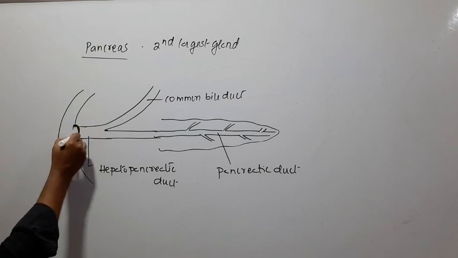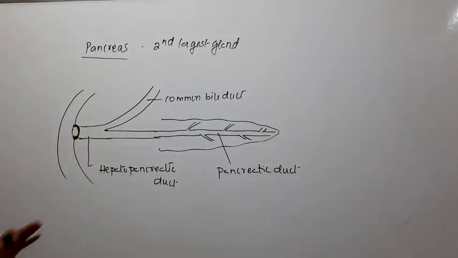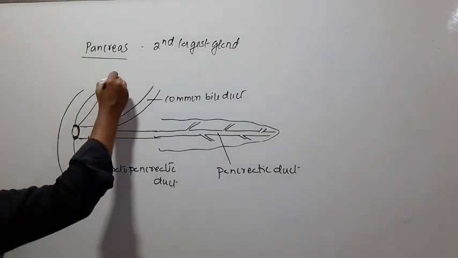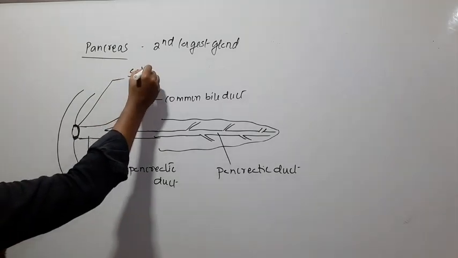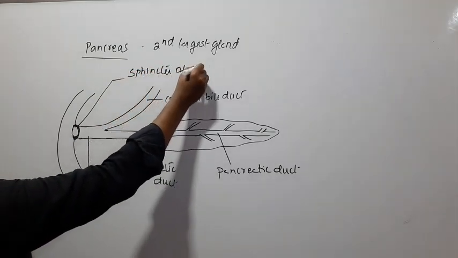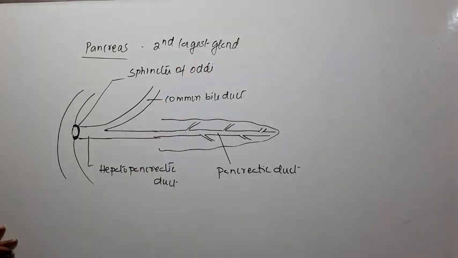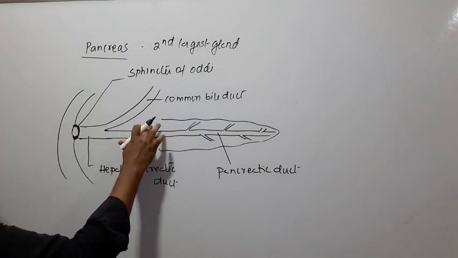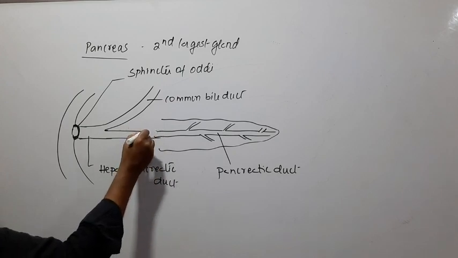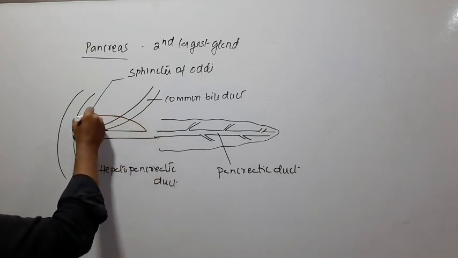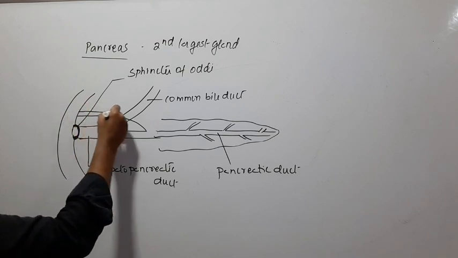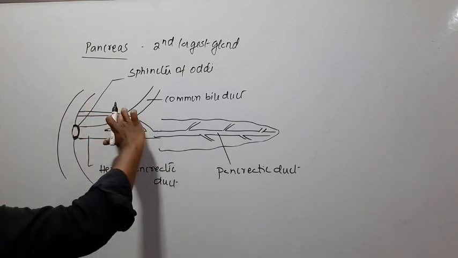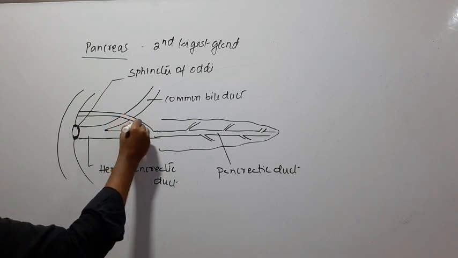That sphincter controls the flow of the bile juice as well as the pancreatic juice, and it is called the sphincter of Oddi, right? Now in some people we may find an accessory pancreatic duct that may pass straight into the duodenum.